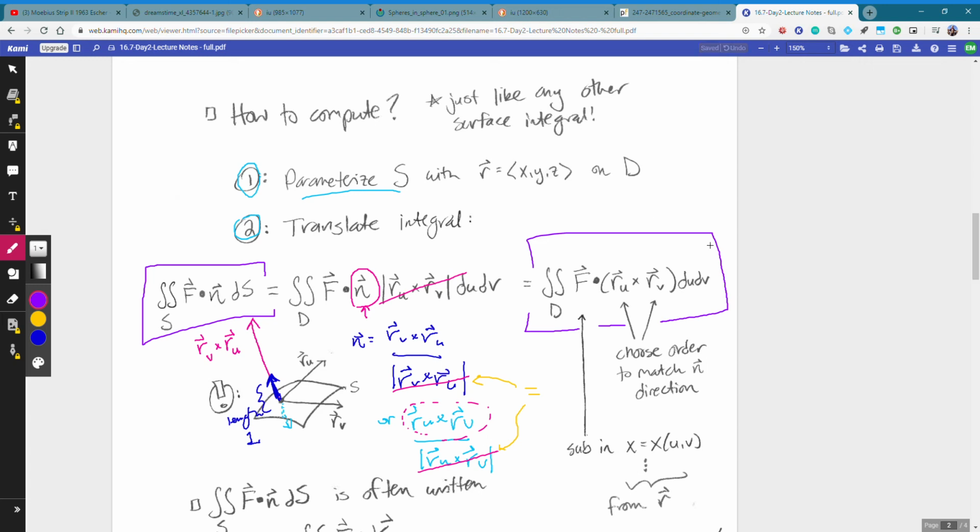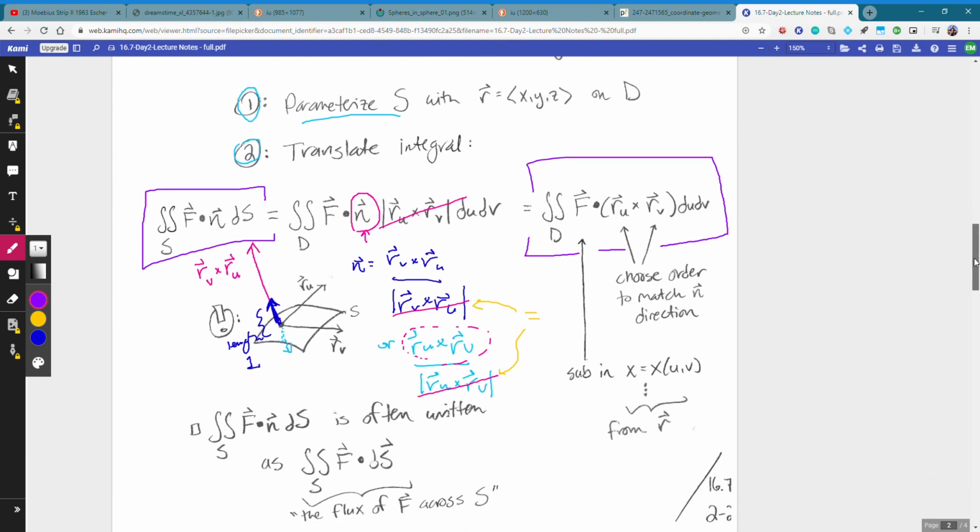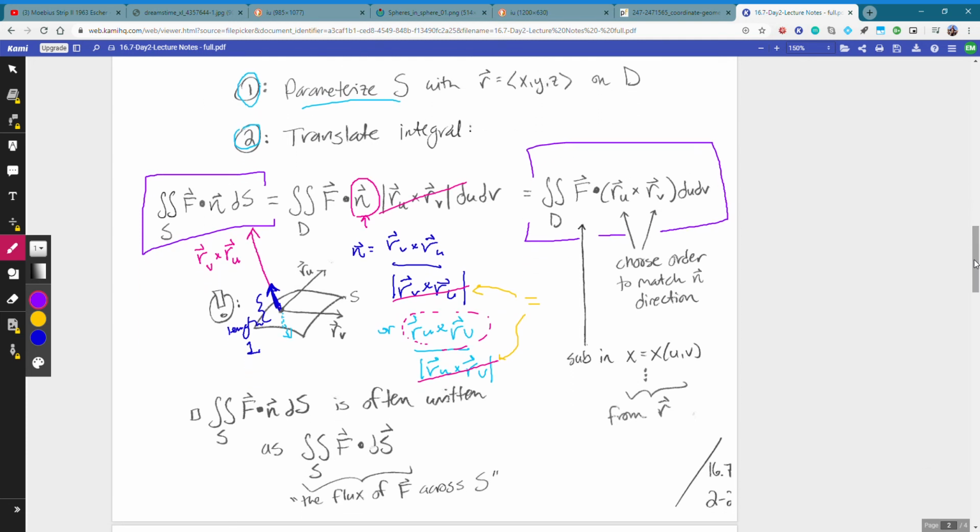Because we have this nice simplification that happens, we do have a little bit of notation that's introduced to describe the surface integral for a vector field. And again, this is kind of analogous to the notation that we had for line integrals of vector fields, right?